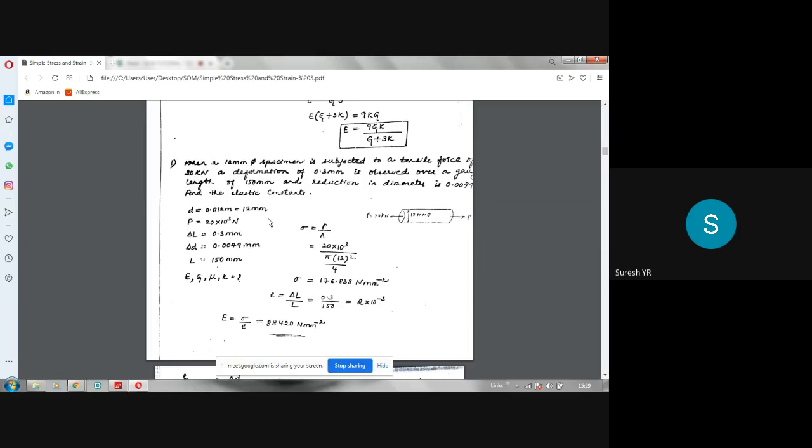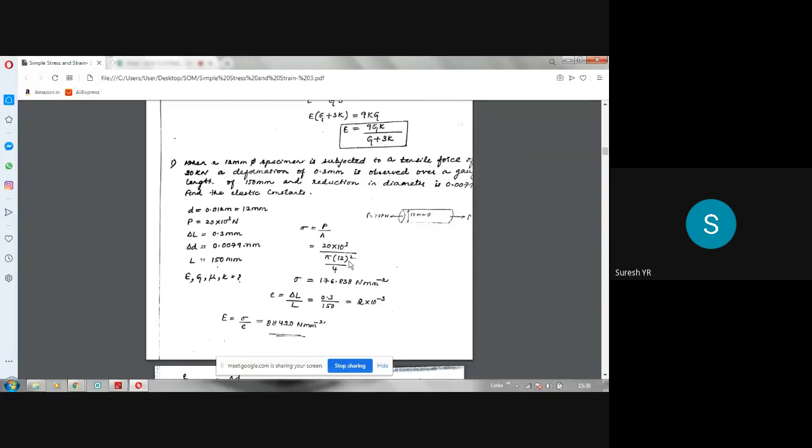then start doing the problem. Now, first we know that Young's modulus is given by stress divided by strain. Stress is sigma, strain is E or epsilon, anything is okay. Stress is force divided by area, and strain is change in length divided by original length. So sigma is P by A. P is 20 into 10 cube.